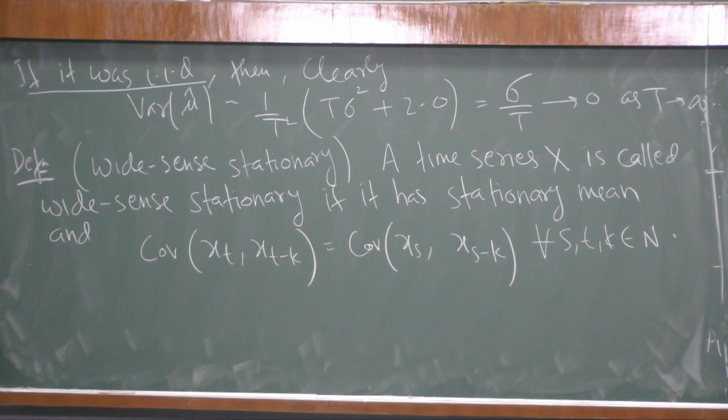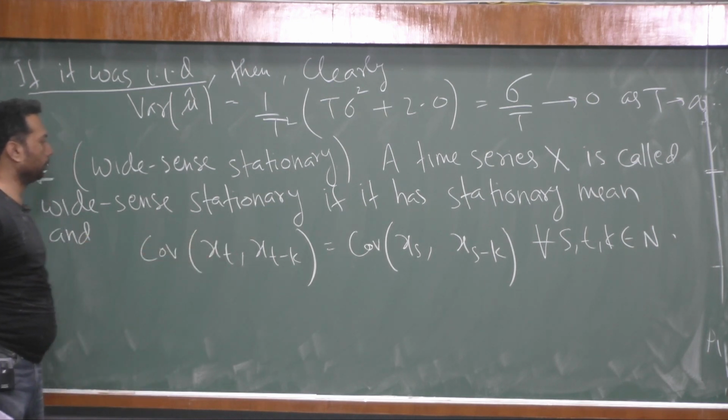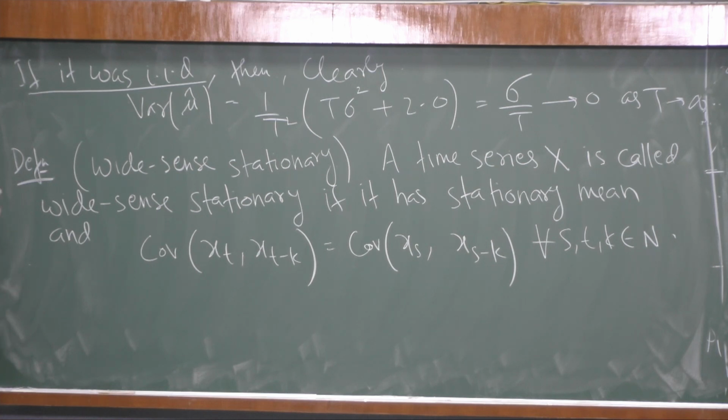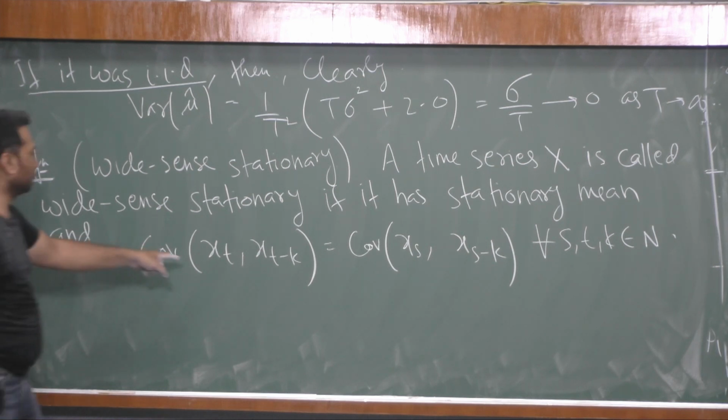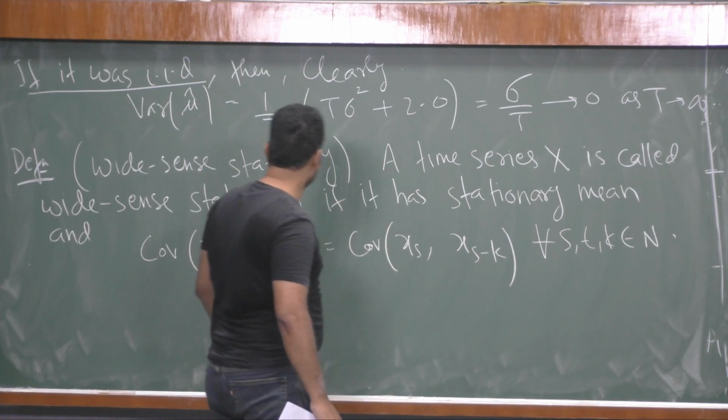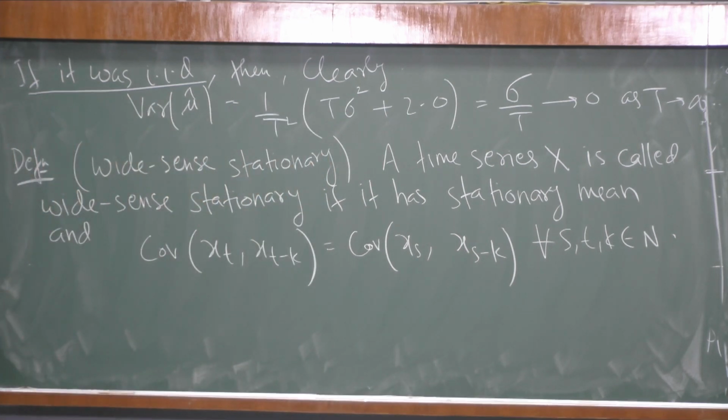So basically, what determines this equality is the k, because in indexing you can choose t to be something different, s to be something different. Okay. So we call this stationary in a wide sense. We may not have IID, but we have this as a slight generalization of that, and then we can define a covariance function.